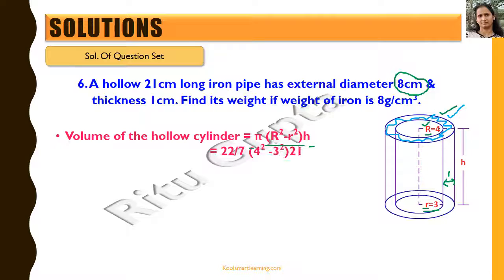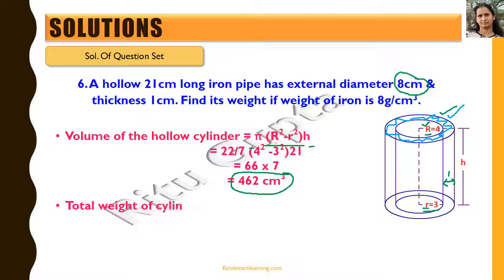So we get the volume as 22 by 7 into 4 square minus 3 square into 21, and that comes out to be 66 into 7, which comes out to be 462 centimeter cube.